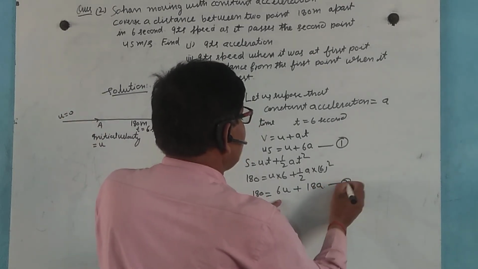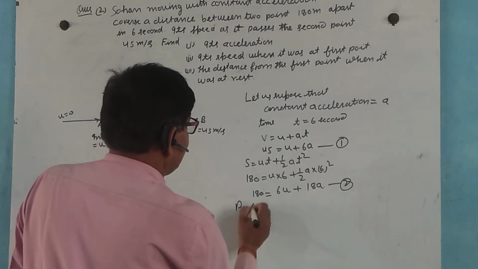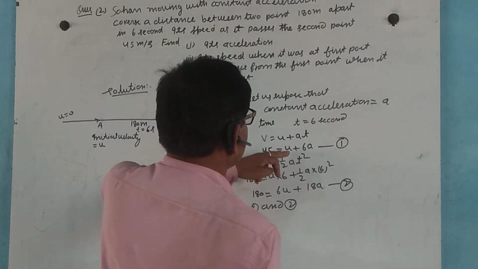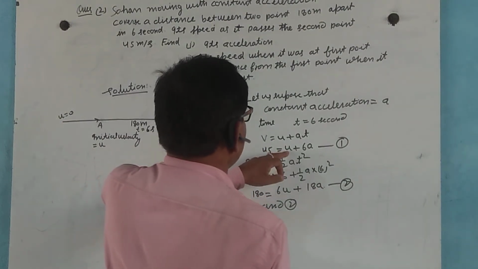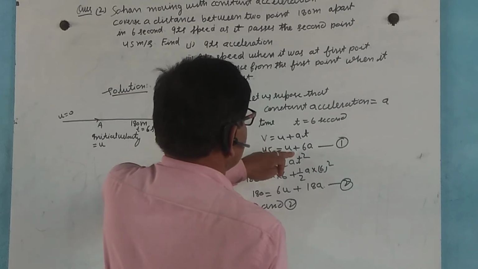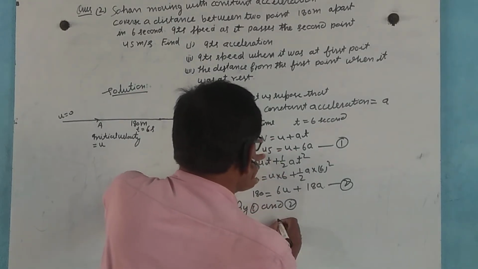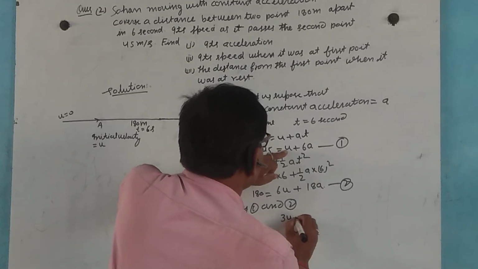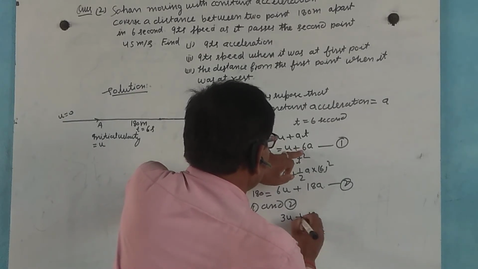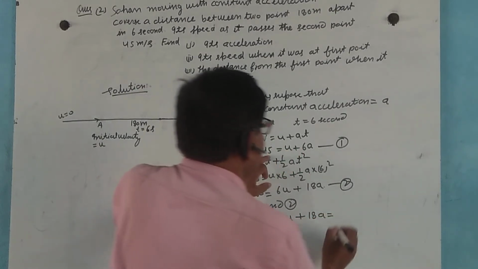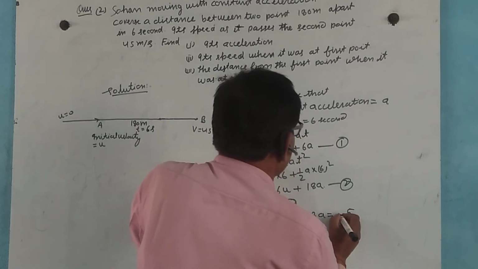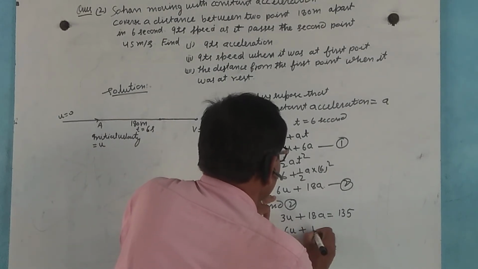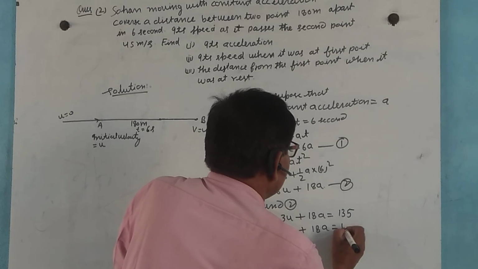This can be written as we multiply the first equation by 3: 3u plus 18a equal to 135, and this is 6u plus 18a equal to 180.